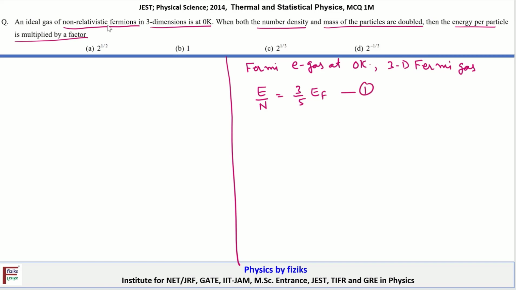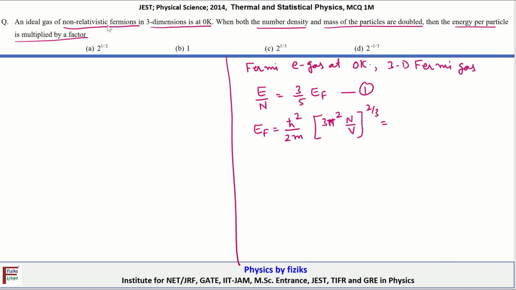Now the Fermi energy depends upon the various parameters of the system through this relationship: EF equals h cut square by 2m multiplied by (3 pi square n by V) to the power 2/3.